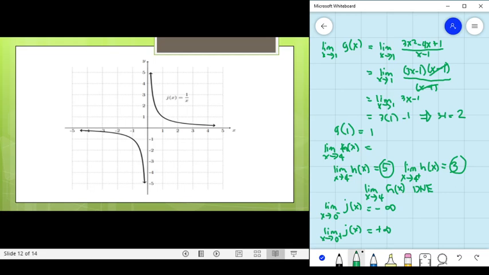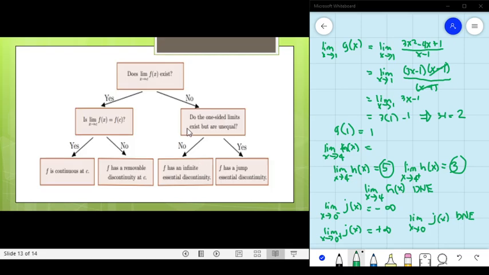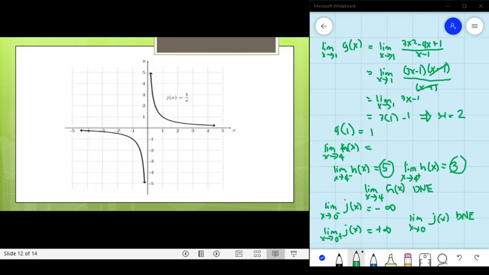So tungod ani, ang limit of j of x as x approaching 0 does not exist. No. So kani nga situation, we call that as infinite essential discontinuity.